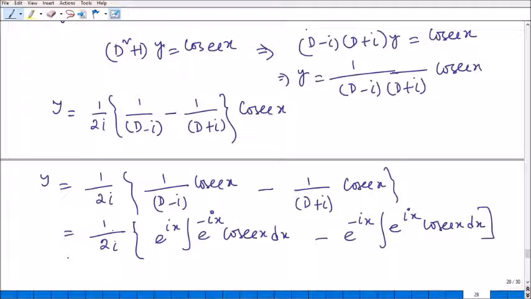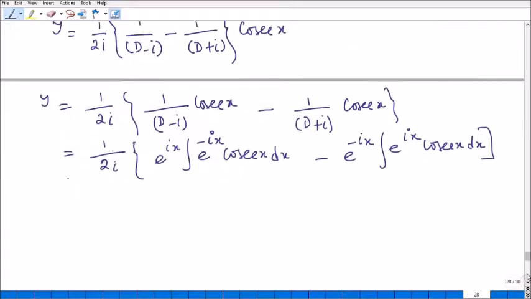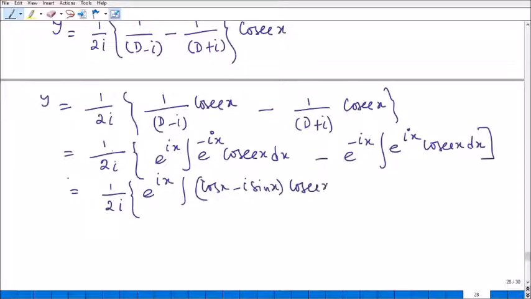So now using this Euler formula we can write 1 by 2i, this is e to the power ix integration cos x minus i sin x into cosec x dx, minus e to the power minus ix integration cos x plus i sin x into cosec x dx.